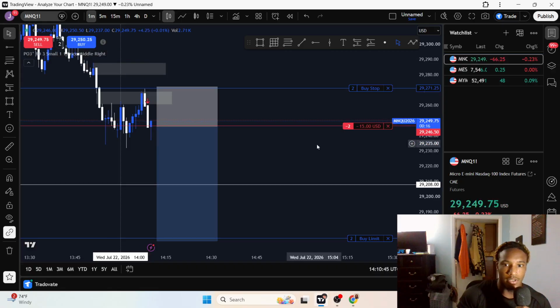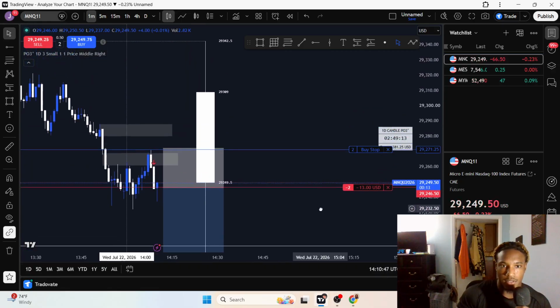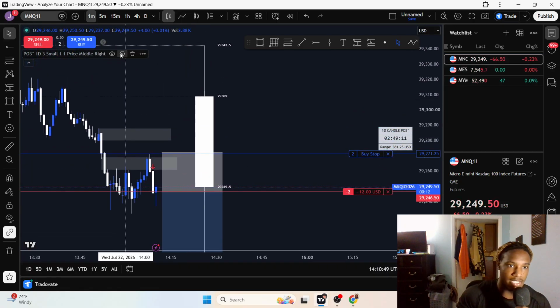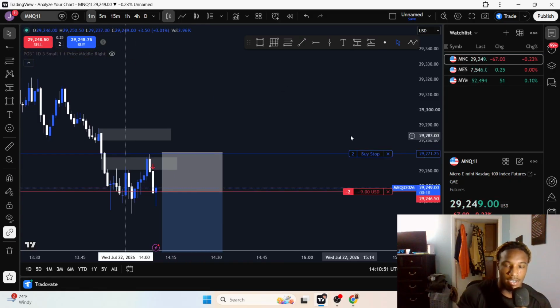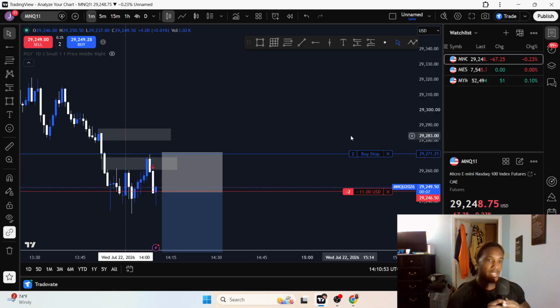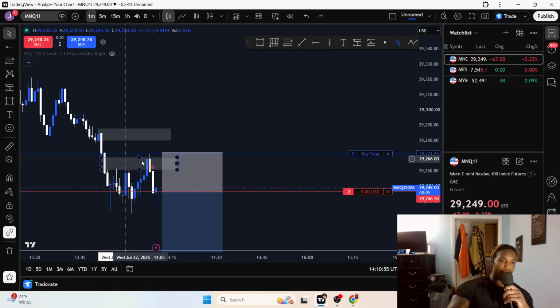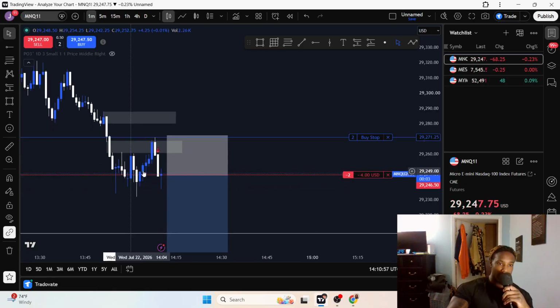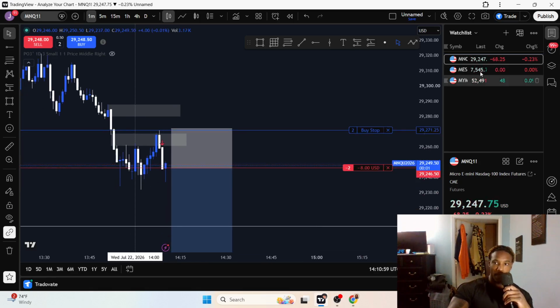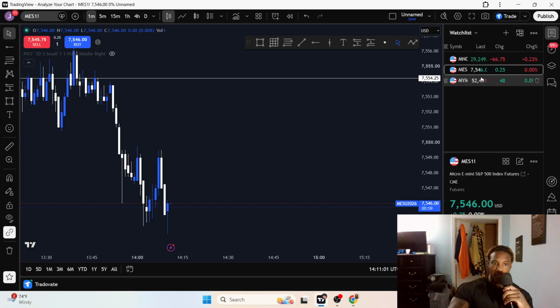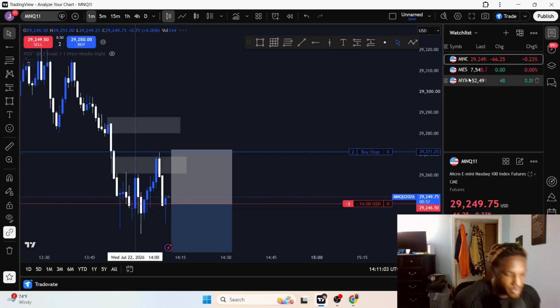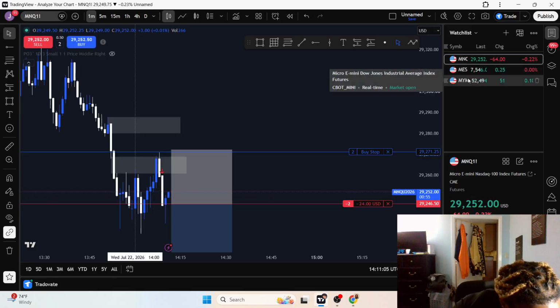Let me take that off because that's confusing for you guys. But yeah, we'll see how this trade plays out. This fair value gap should hold because this leg looked like the manipulation, and we should be going to the downside shortly.